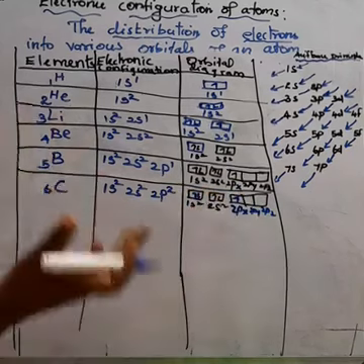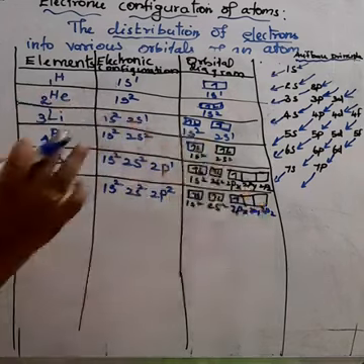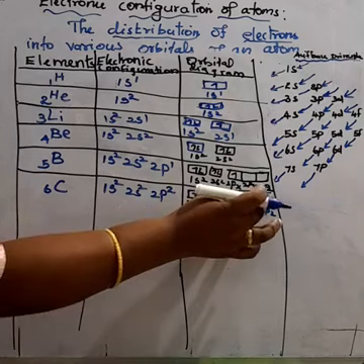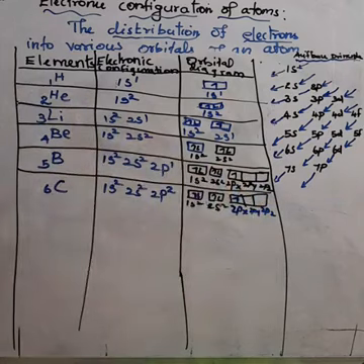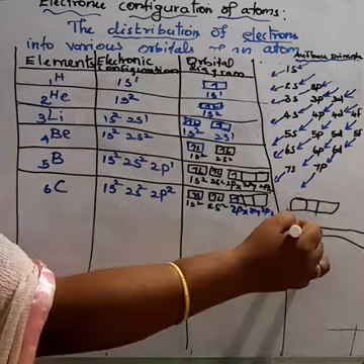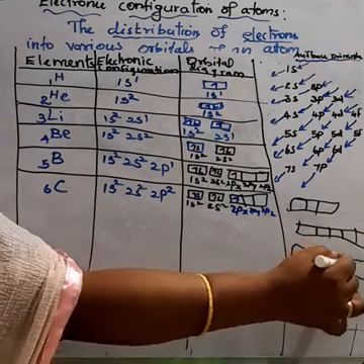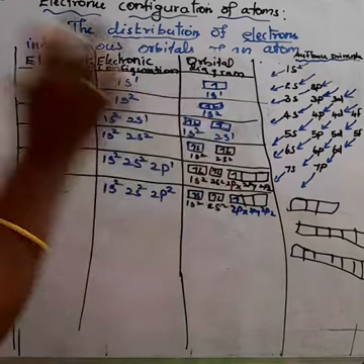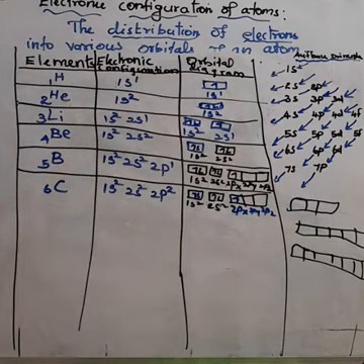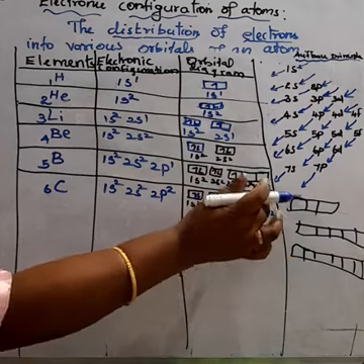According to Hund's rule, how will you fill the electrons in degenerate orbitals? Degenerate orbitals are, for example, the p, d and f orbitals. Degenerate means every orbital in the same subshell has the same energy. According to Hund's rule, electron pairing does not take place until the available orbitals contain 1 electron each.